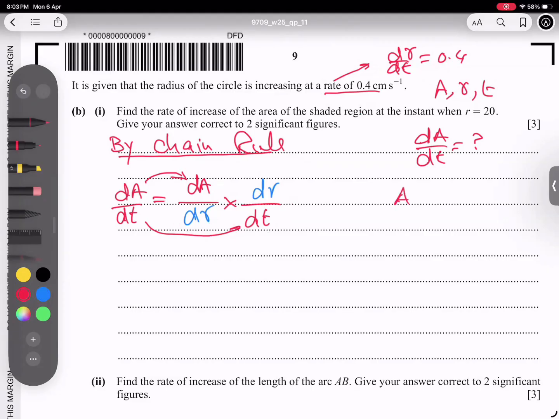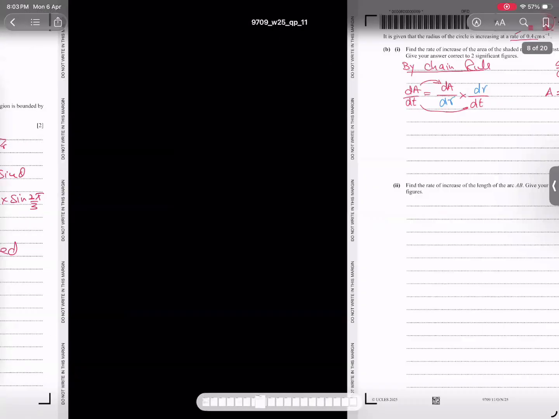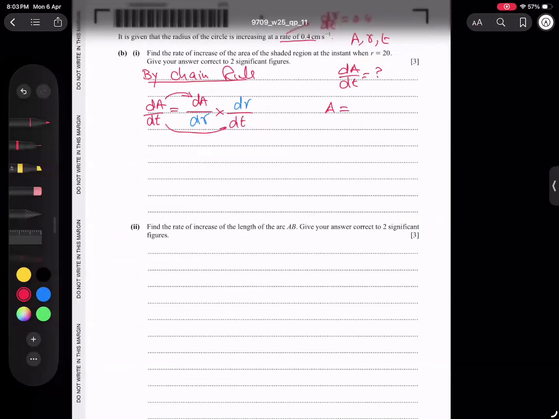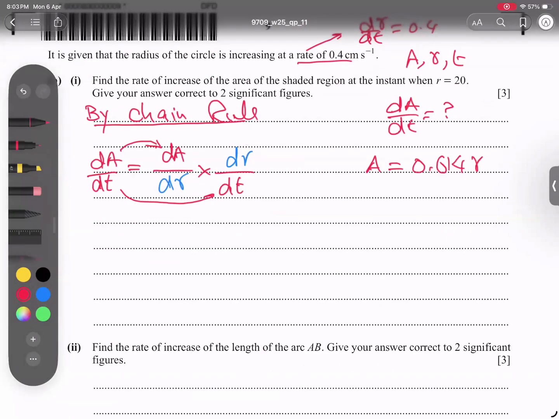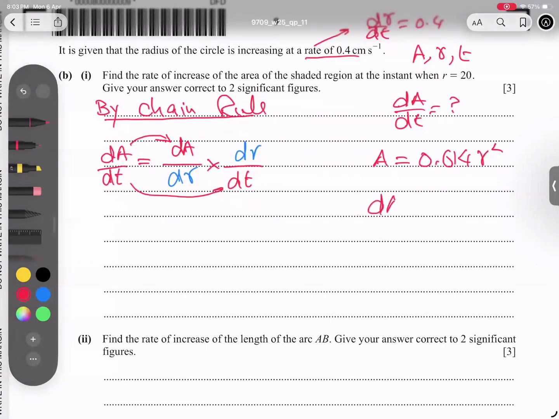Now I bring the previous answer which I got on the previous page, 0.614 r square. So I am bound to find dA over dr, so I have to differentiate, students. dA over dr: 0.614 untouched, 2 comes down and power 1 less.